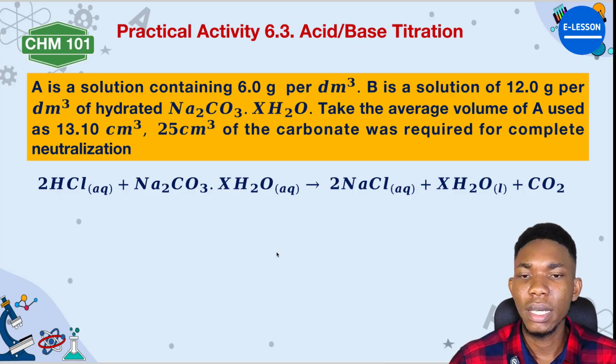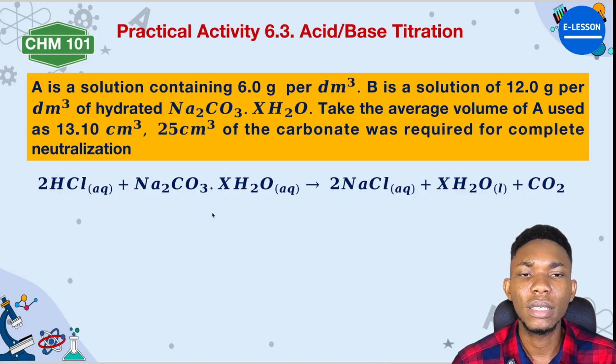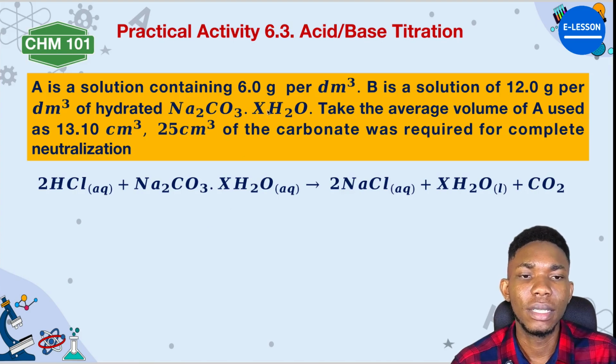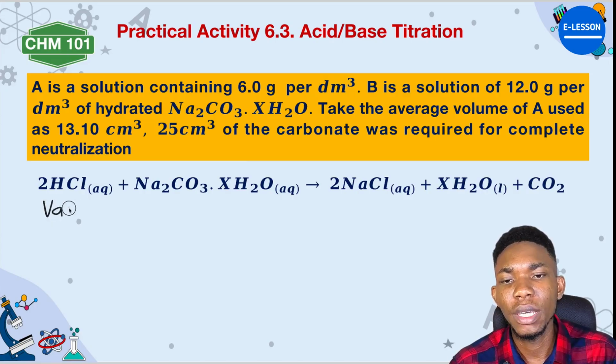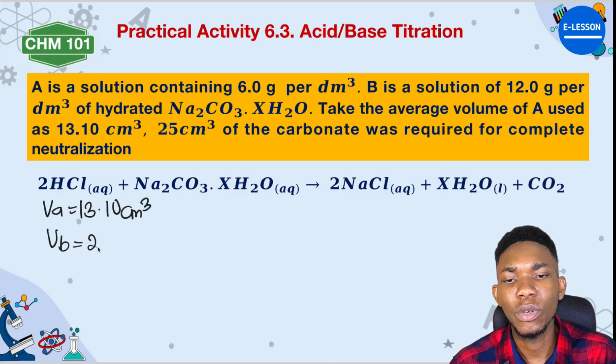Now, the next question says, A is a solution containing 6.0 gram per dm cube. B is a solution of 12.0 gram per dm cube of hydrated sodium carbonate. Take the average volume of A used. So our VA was given as 13.10 centimeter cube, and VB, that of the carbonate, which is the base, is 25.0 centimeter cube.